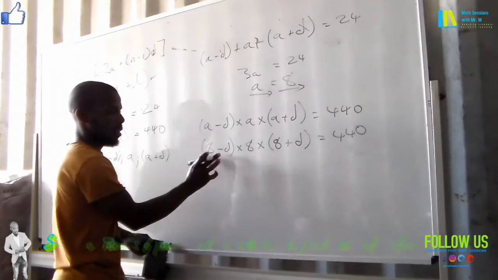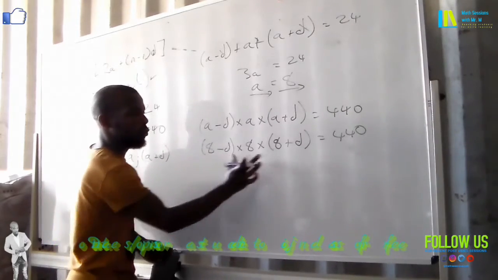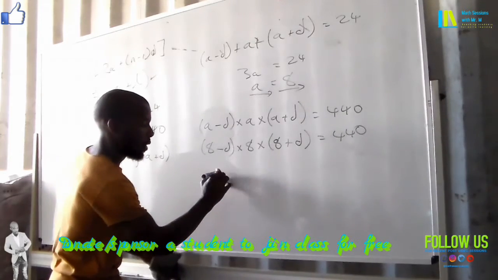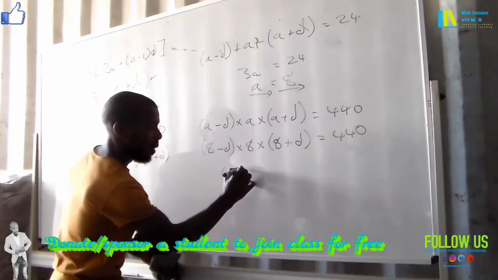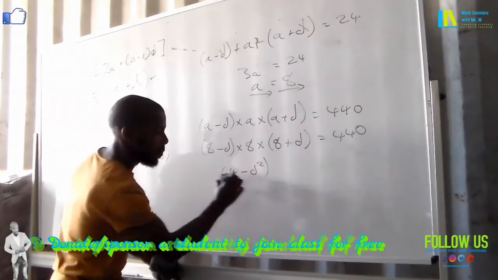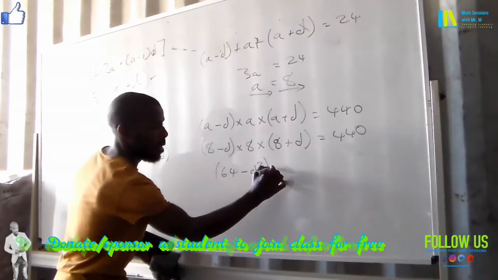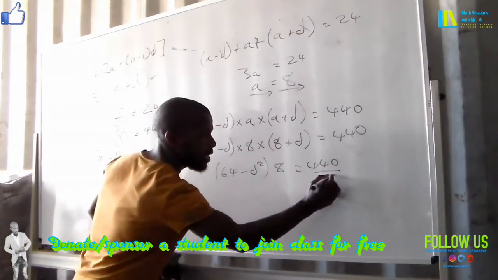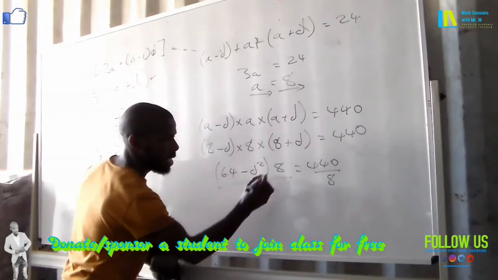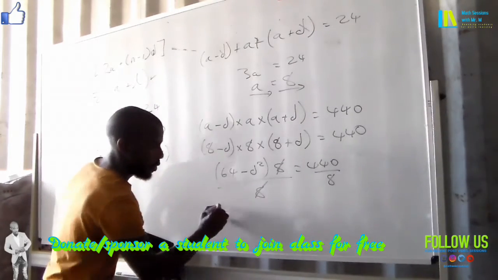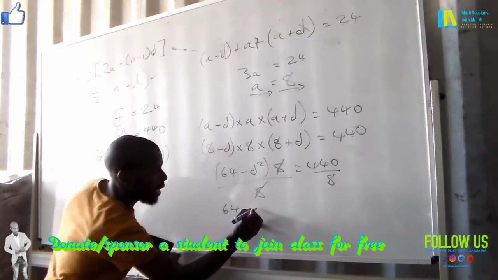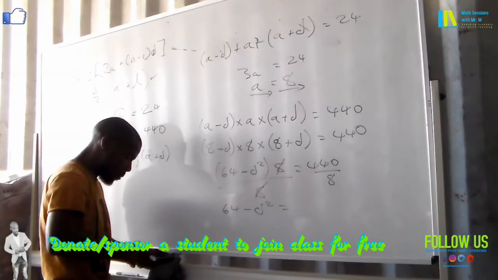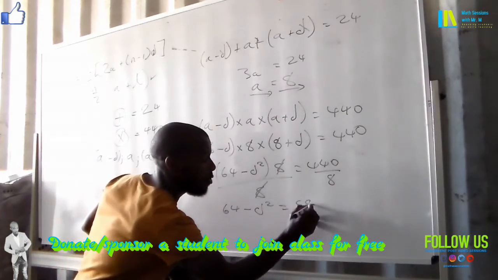So now this is the difference of two squares. Basically 8 times 8 is 64. So it's 64 minus D squared, difference of two squares, multiplied by 8 is equal to 440. You divide by 8 also on this side, and that 8 cancels with that 8. You are going to be left with 64 minus D squared is equal to 440 divided by 8, which is 55.